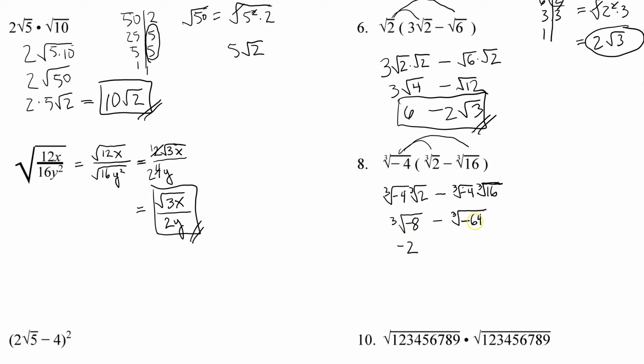And what number multiplied by itself 3 times would give us negative 64, and that would be negative 4. So we're subtracting negative 4. And so negative 2 plus 4, and that would be 2.